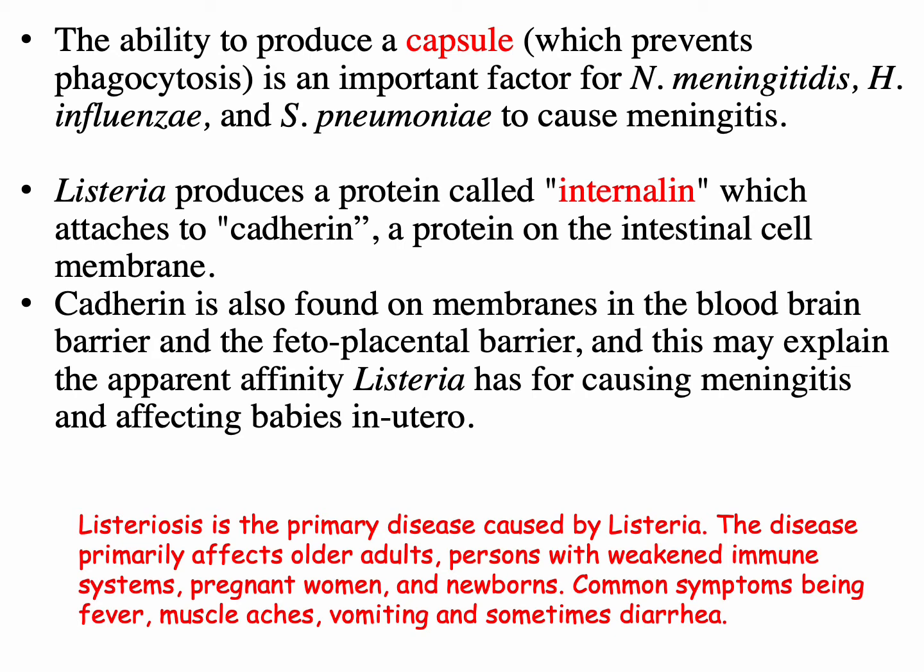So typically, as I said, Listeria causes listeriosis primarily in older adults, persons with a weakened immune system, pregnant women and newborns. A typically healthy individual, even if we consume contaminated food carrying Listeria, generally won't come down with listeriosis.